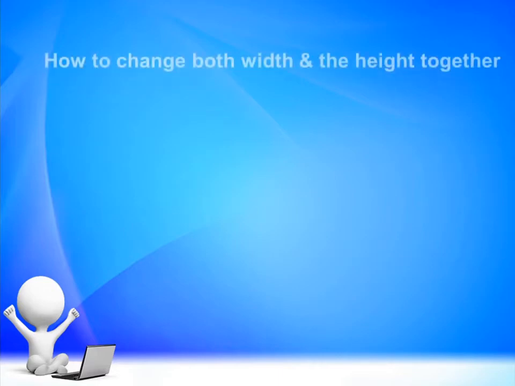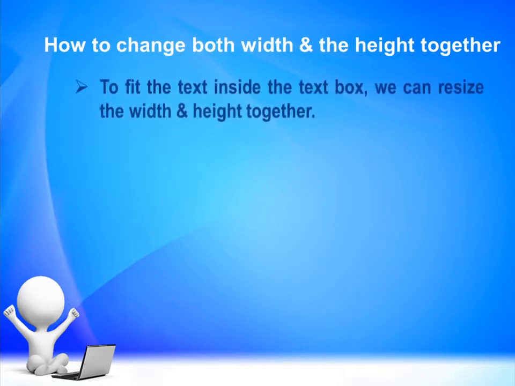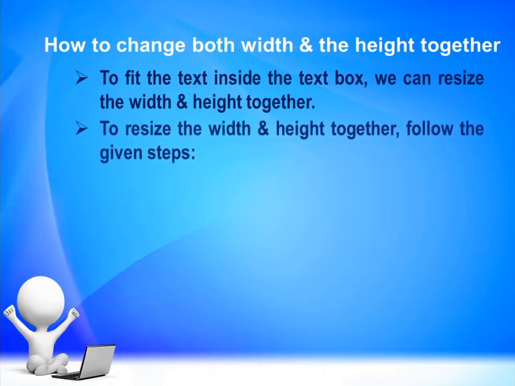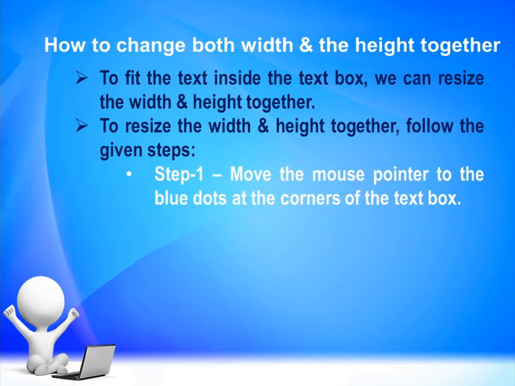Next, how to change both width and the height together. To fit the text inside the text box, we can resize the width and height together. To resize the width and height together, follow the given steps. Step 1.